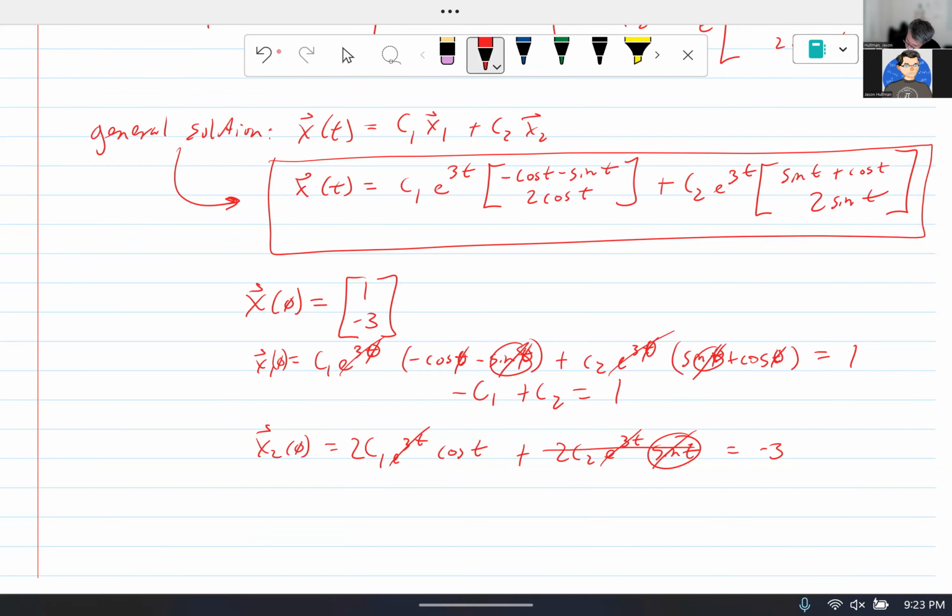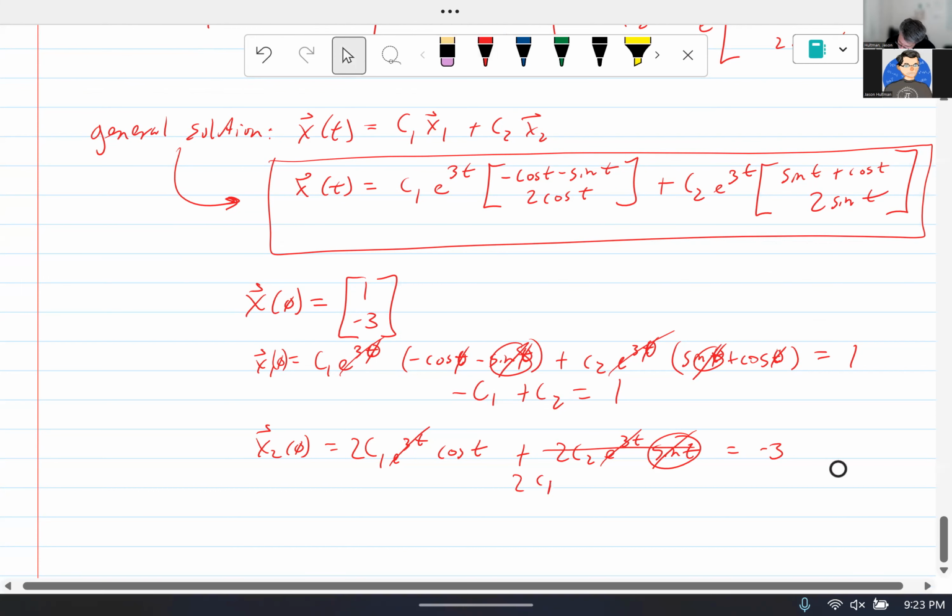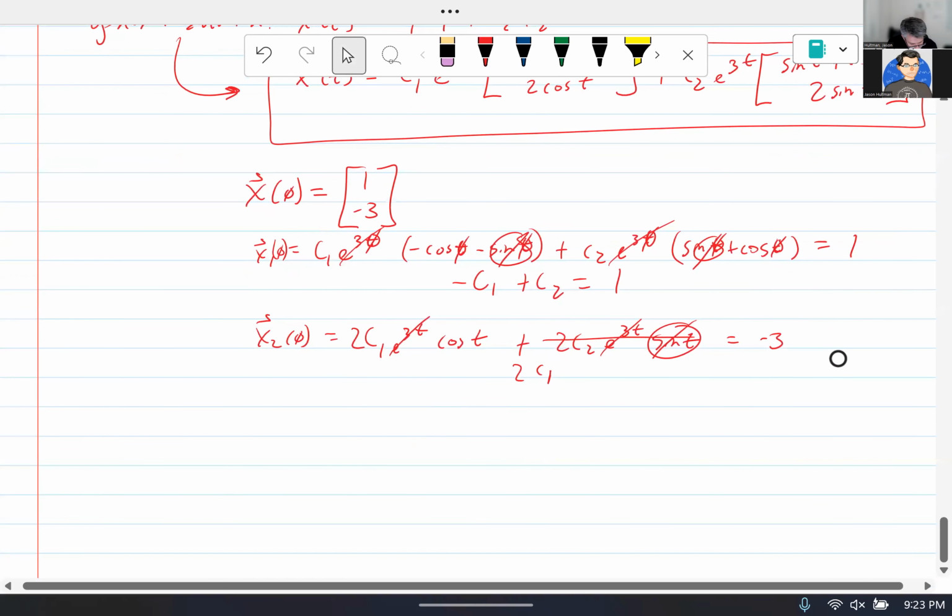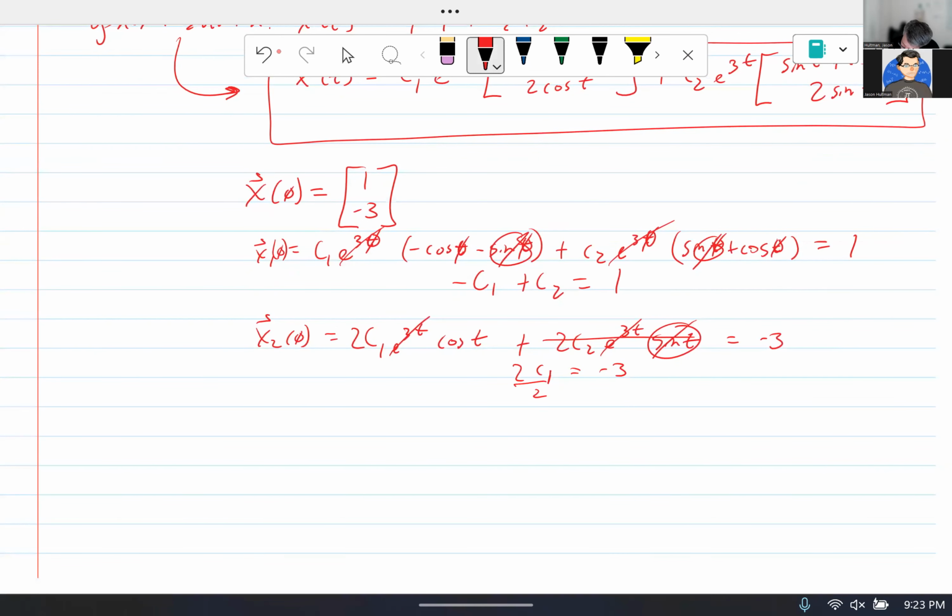I'm left with 2c1 equals negative 3. So divide by 2, and c1 is equal to negative 3/2.